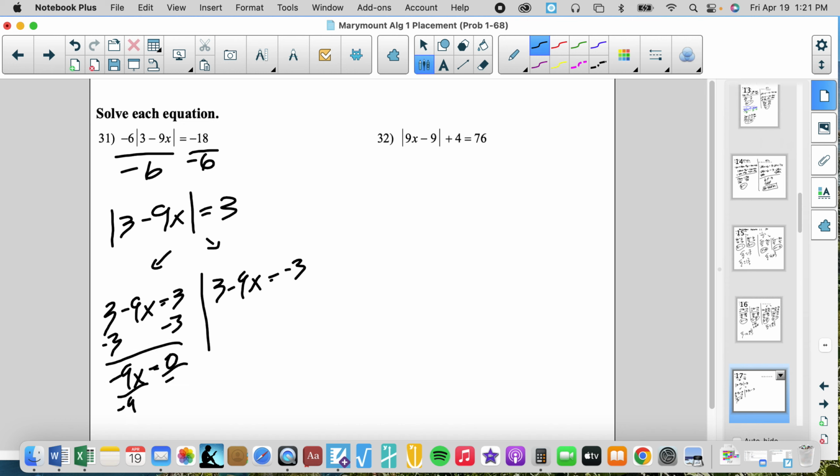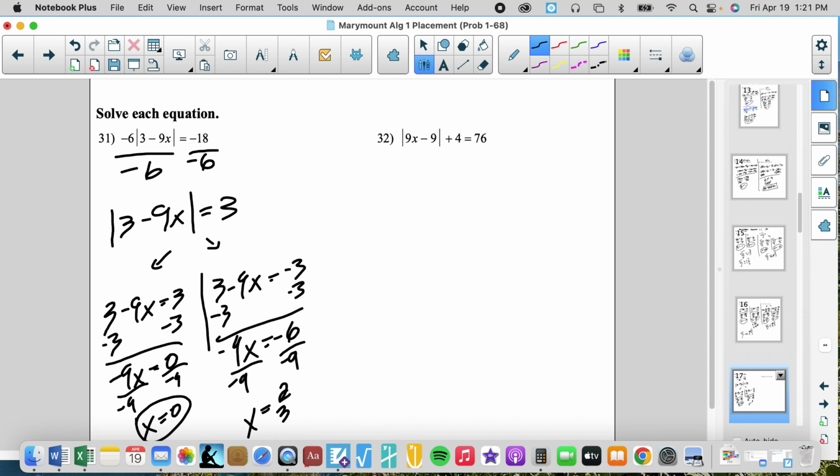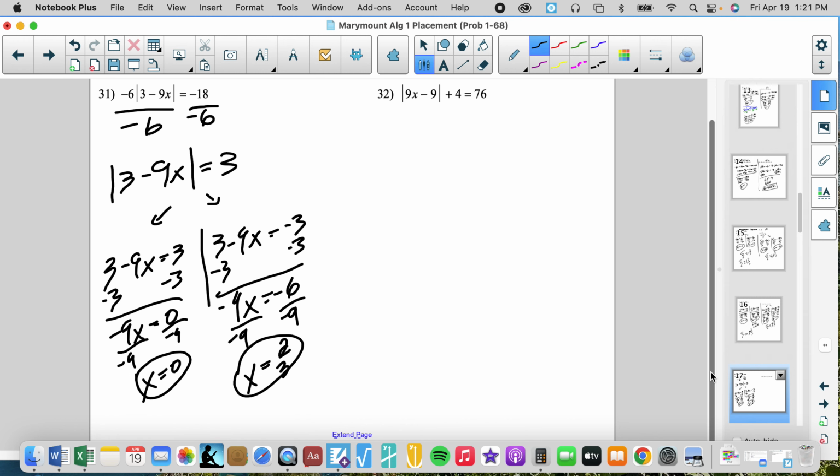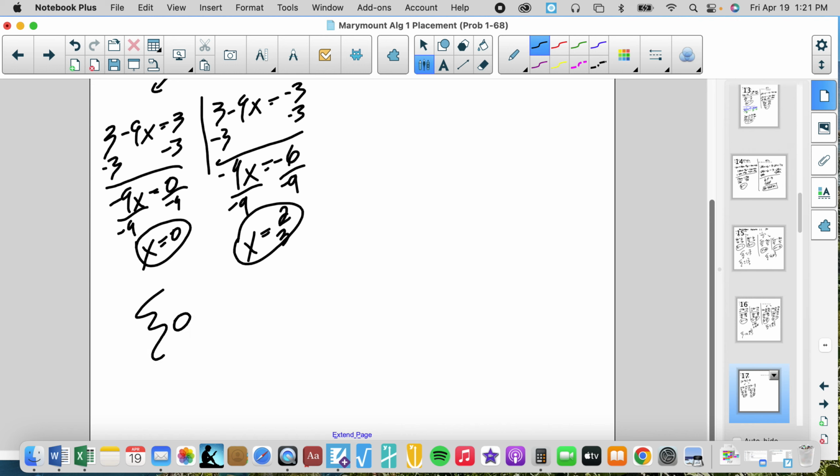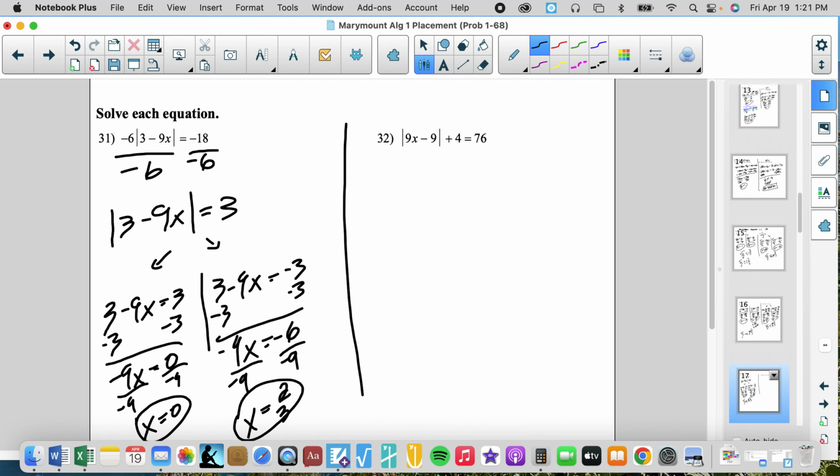Divide by negative 9, x equals 0. Minus 3, negative 9x equals negative 6. Divide by negative 9. We get x equals 2/3. So my solution is 0, 2/3. Watch, they write it as a decimal. Nope, 0, 2/3. And it's numerical order. Good for you, book.